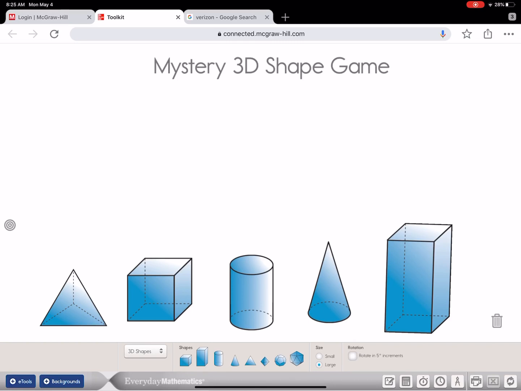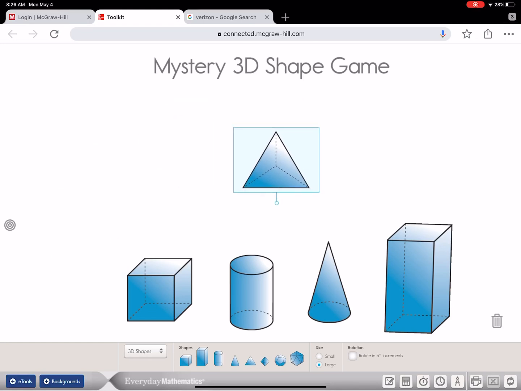This shape has 4 vertices, which means 4 points, and has 4 triangle faces. What 3D shape am I thinking of?